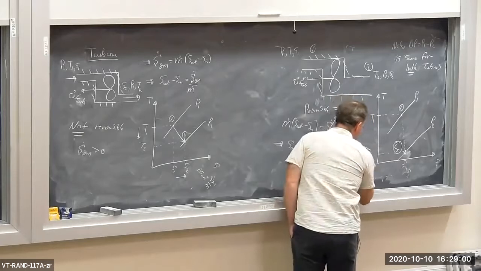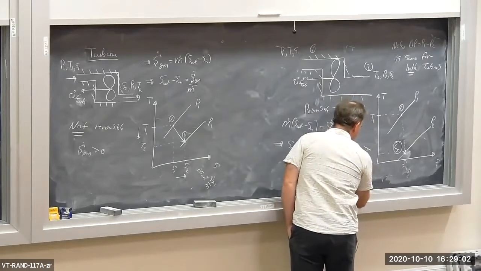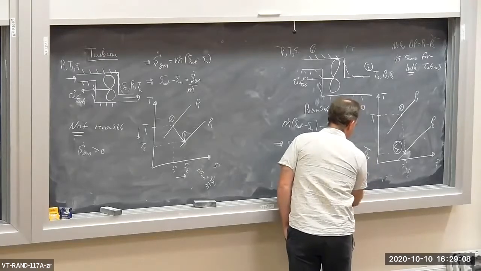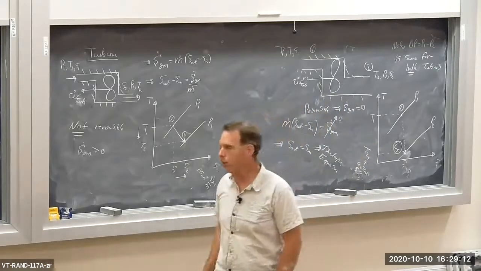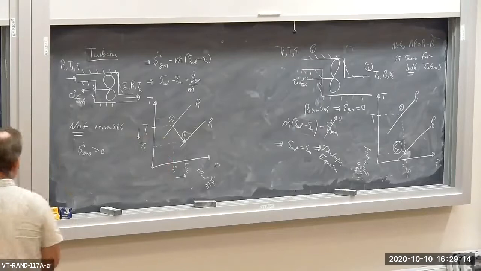So this sub s means constant s, constant specific entropy. S1 is equal to S2 sub s. Okay?